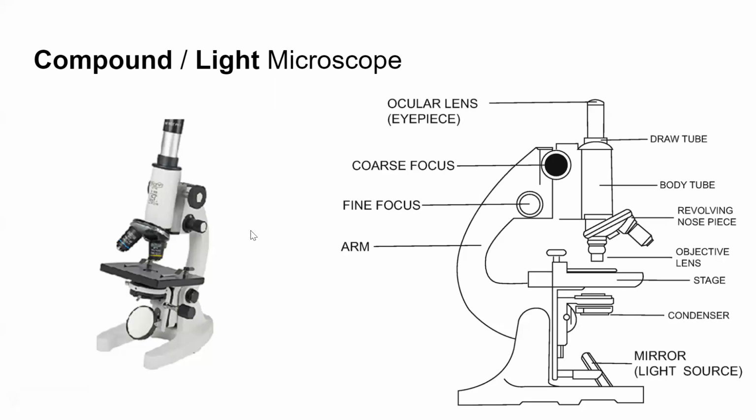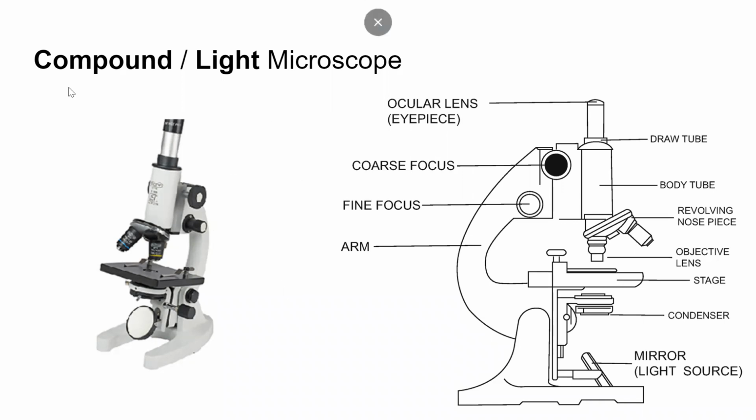These are microscopes which harness the light in your surrounding and use that light to be incident on your specimen. That light will reflect and fall back into your eyes through the lenses. So it's going to use the light so that you can see the specimen that is kept on the stage of the microscope. Because this microscope uses light to show you what the specimen looks like, it's a light microscope.